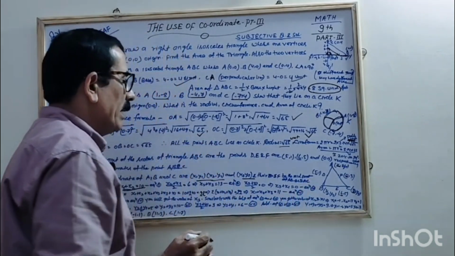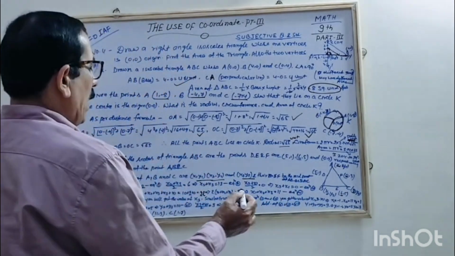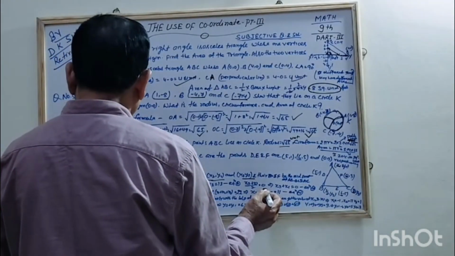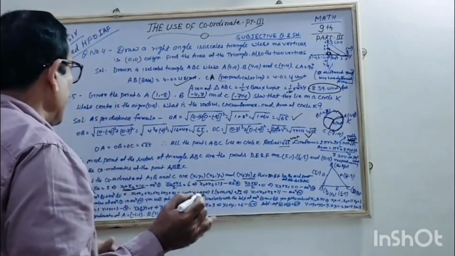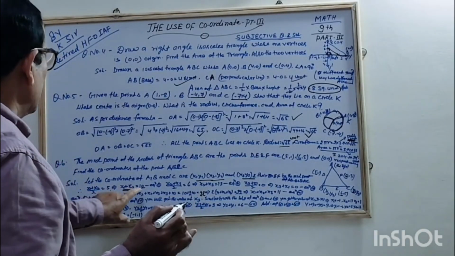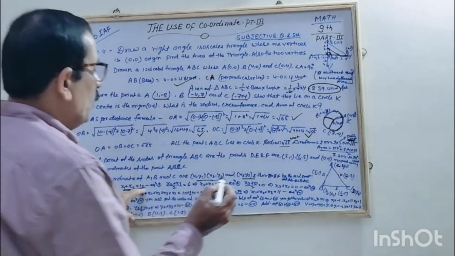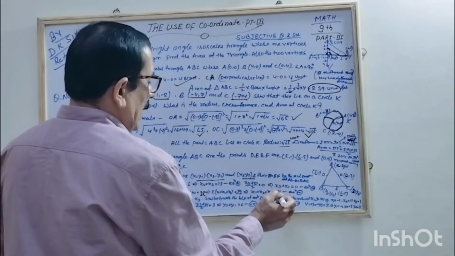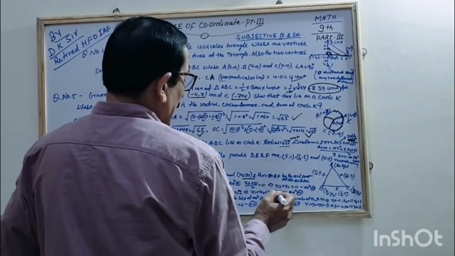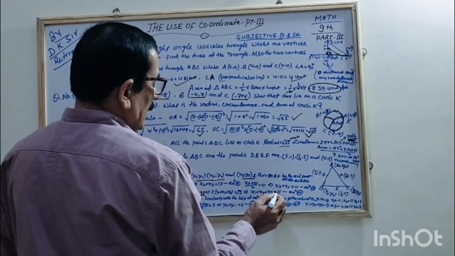Here, you should take care. You have x1 plus x2 plus x3 equals 11, as equation number 4. Equation number 1 says x1 plus x2 equals 10. So put the value of x1 plus x2 in equation number 4, and x3 can be found out.